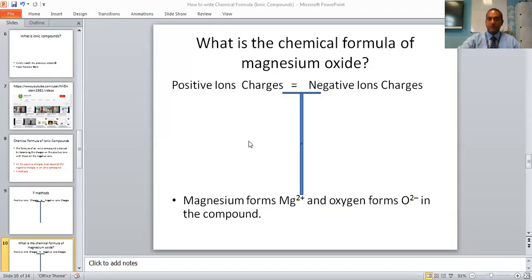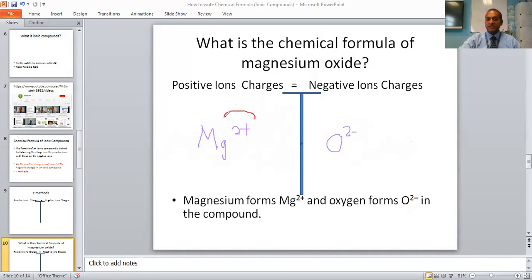So going back to our PowerPoint, we have magnesium here, so we're going to write magnesium is 2+, oxygen is 2-. So we can calculate now.